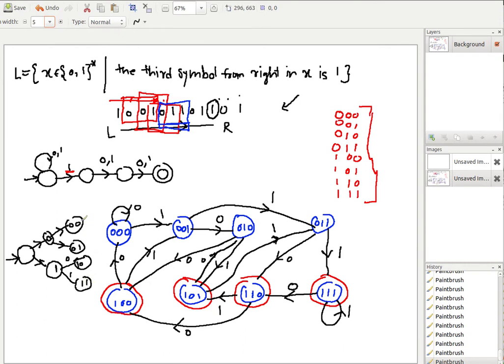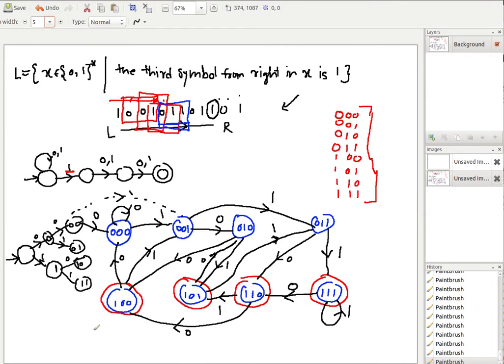Now after this 000, if you get a 0, this was 010, if you get a 0 you will jump here, and if you get a 1, right, this or 1. Similarly for 01, at 0 you will be connecting to this, right.